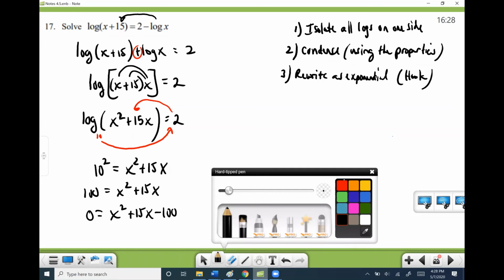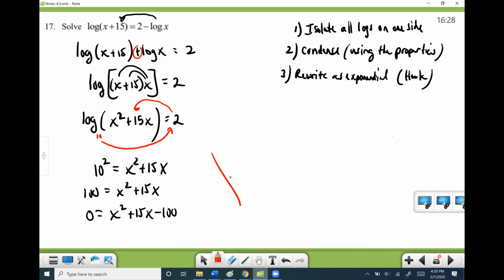This one doesn't come to me right away, guys. Negative 100, that adds up to 15. Maybe 20 times negative 5. Does that work? I think so. 20 times 5 is 100.